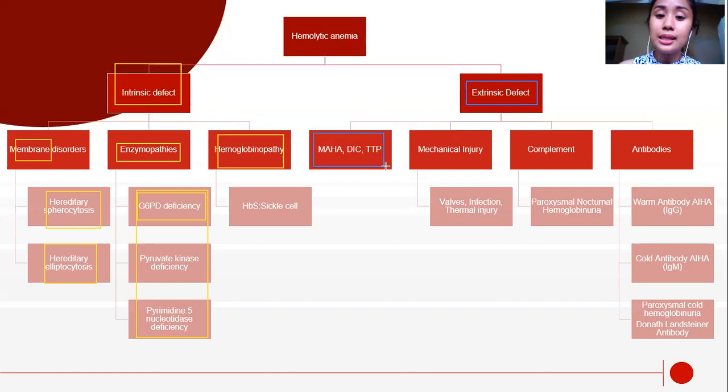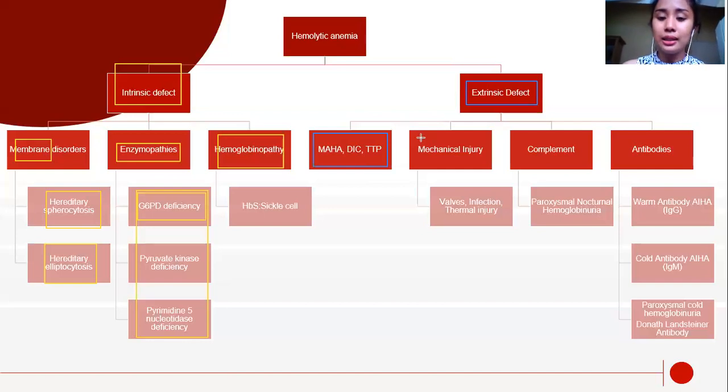So class, these three diseases, isn't it that there is excess thrombosis, there is excess clot formation. So these clots in your blood vessels tend to form and tend to crush or destroy or break down your red blood cells. Nasisira yung mga red blood cells due to this excessive clotting in the blood vessels.